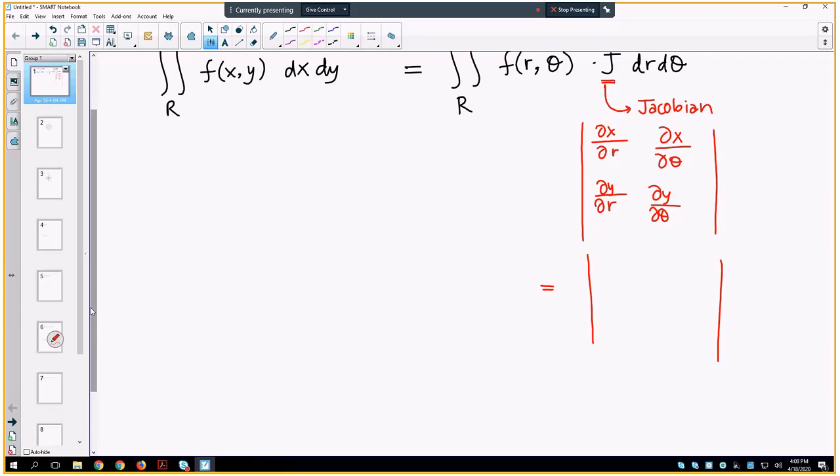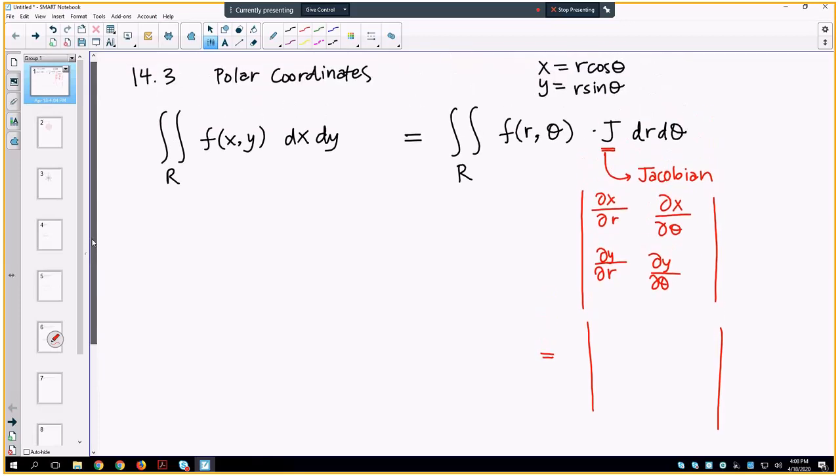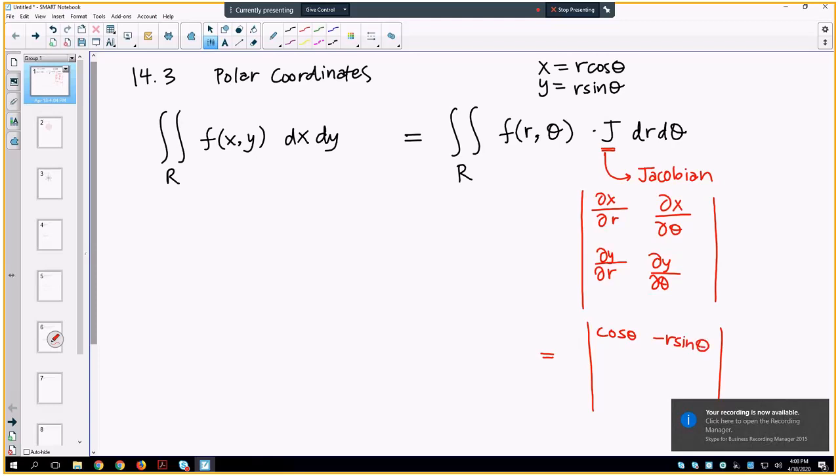The partial of x with respect to r is just going to be cosine of theta. The partial of x with respect to theta is going to be minus r sine of theta. Then the partial of y with respect to r is sine of theta, and the partial of y with respect to theta is r cosine theta.